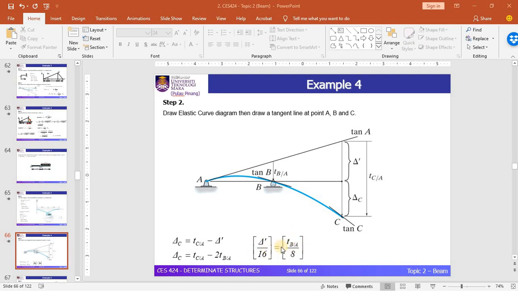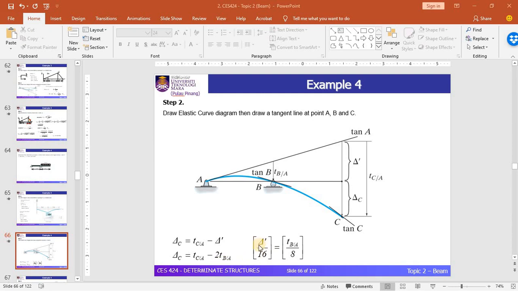By equating both of them, delta prime over 16, where 16 is the total length of the beam, equals tBA over 8, where 8 is the length of the beam from A to point B. Rearranging this equation, you will get that delta prime equals 2 tBA.